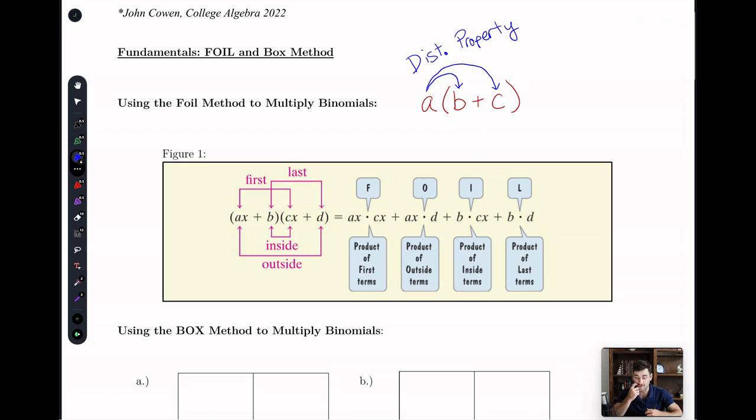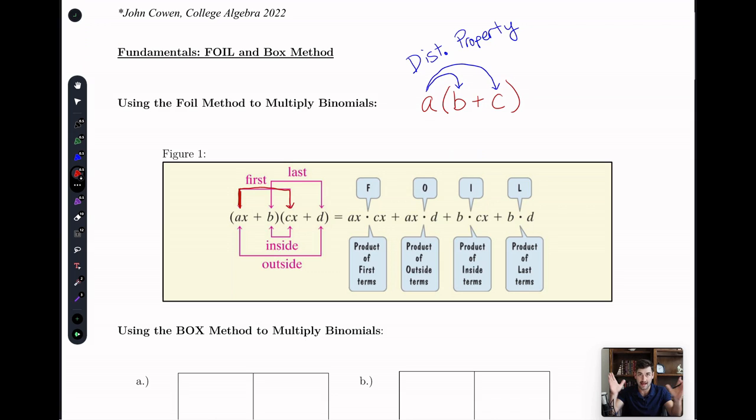So when we look at the first, these first pink arrows right here, I'm going to highlight them. When we look at the first terms, we're distributing that AX across the parentheses over to the CX. And that's multiplying the first terms, or distributing, just like the distributive property from a long time ago. And then we just do it again with the outside.